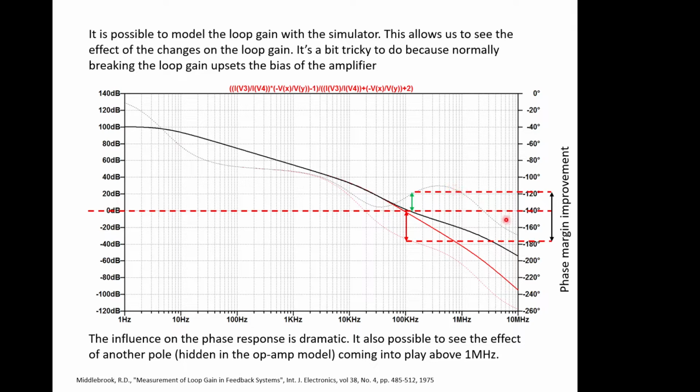For the compensated case, look, we're getting the 0 compensating, so we're getting our phase back again, whereas in the uncompensated case you can see that the phase is starting to get quite close to 180 degrees or so at the 0 dB point. So the phase margin improvement is where we go from this point to this point. The arrow should be lined up, and you can see that we've now got a big phase margin improvement, which will give us a lot more damping.